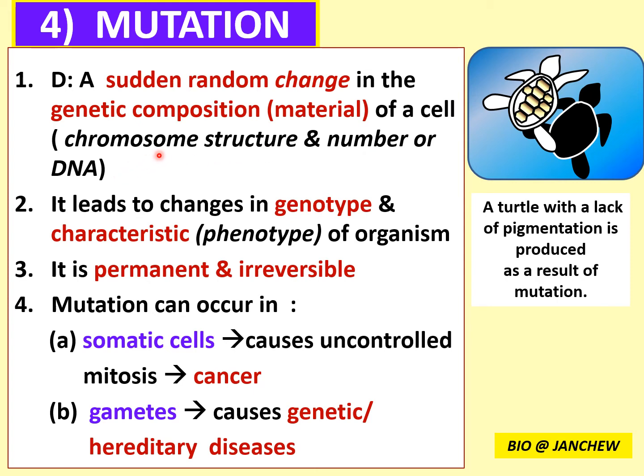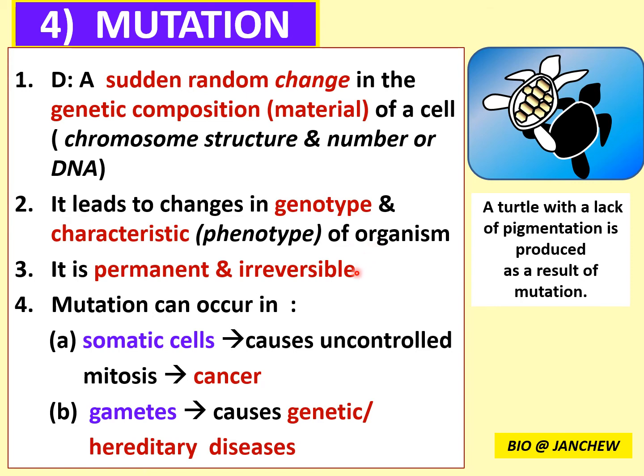That means changes occur to the chromosomes or DNA due to exposure to some agents of mutation. Okay, so it leads to changes in the genotype, and then from the changes in genotype, it will affect the characteristics or phenotype of the organism.